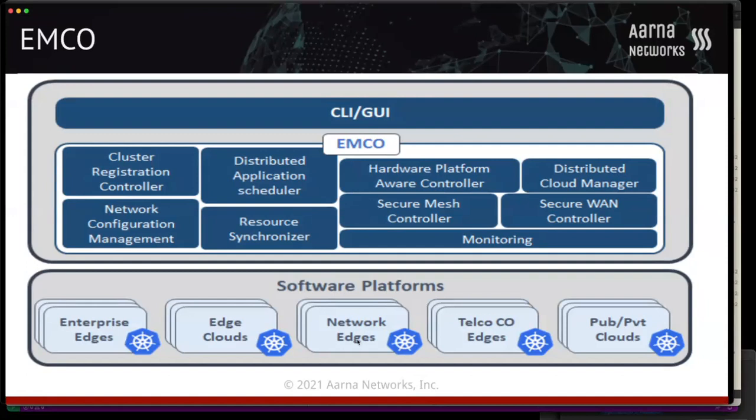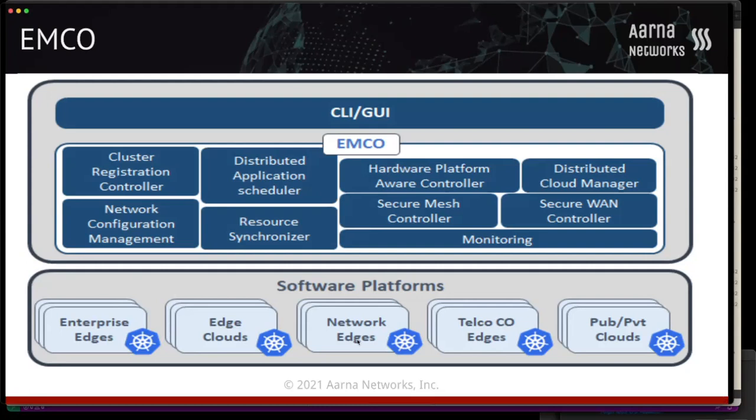Emco is a platform, and it is an extensible platform, extensible in the sense that the functionality in Emco can be enhanced by means of controllers, which are called the Emco Controllers.